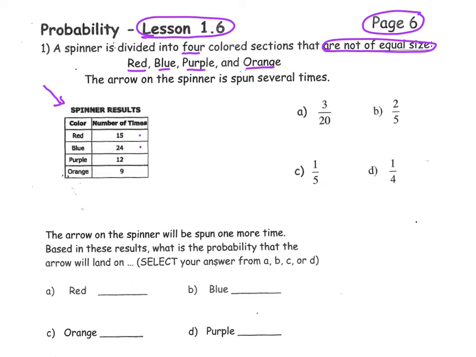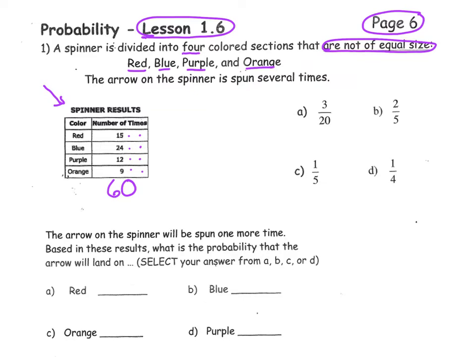The blue has shown up 24 times. Maybe that wedge on the spinner is one of the larger wedges. Purple has shown up 12 times, and orange only 9. If we add all of these up, we see that there have been 60 total spins.